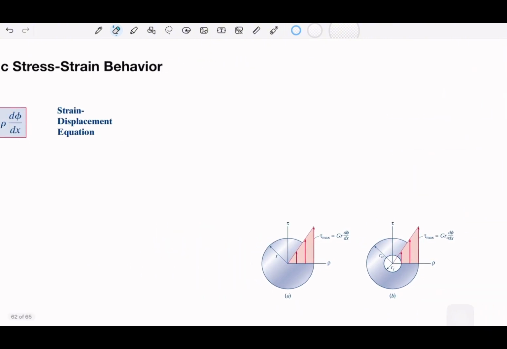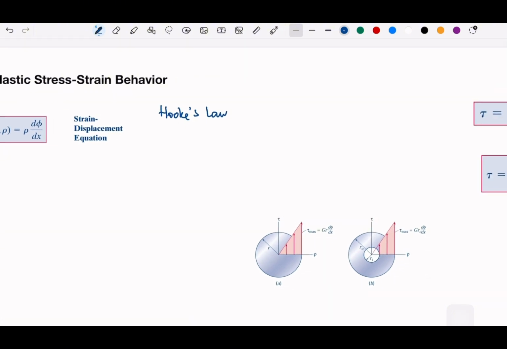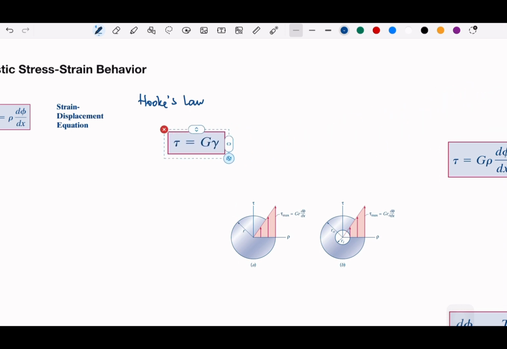And then using Hooke's law, which is tau equal to G times the shear strain.